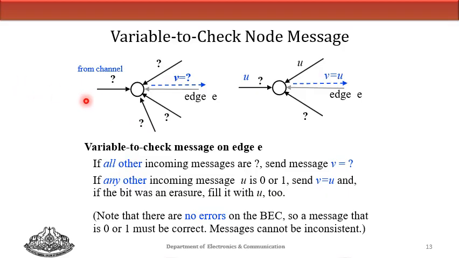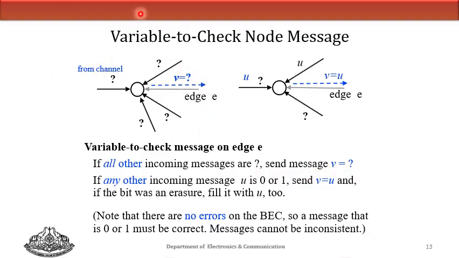So when the variable nodes receive the code word bits from the channel, that will be passed to the corresponding check nodes through the different edges. Which message will be passed by a variable node to a check node is determined by these two steps. If all other incoming messages are erasures, send message v is equal to erasure.